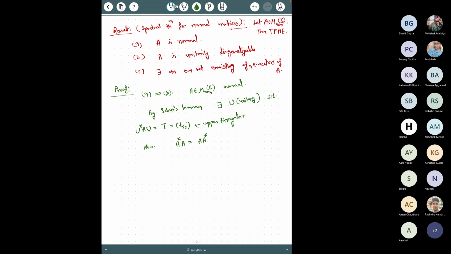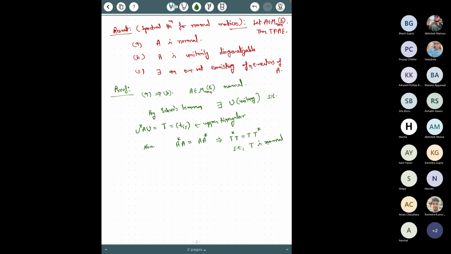Now from here you can clearly check that this implies that T star T is equal to T T star. That means T is also normal. So A normal implies T is normal, where T is the matrix which we are getting from Schur's lemma.